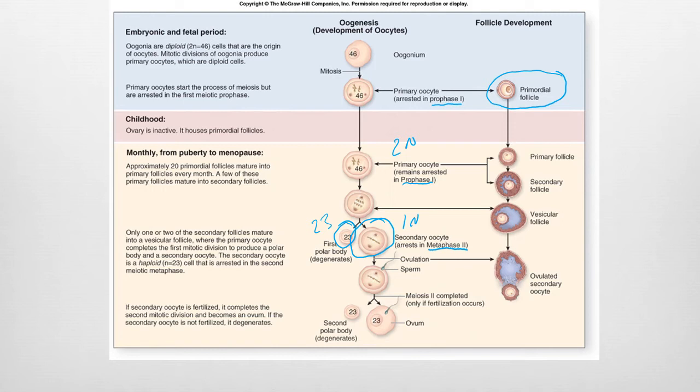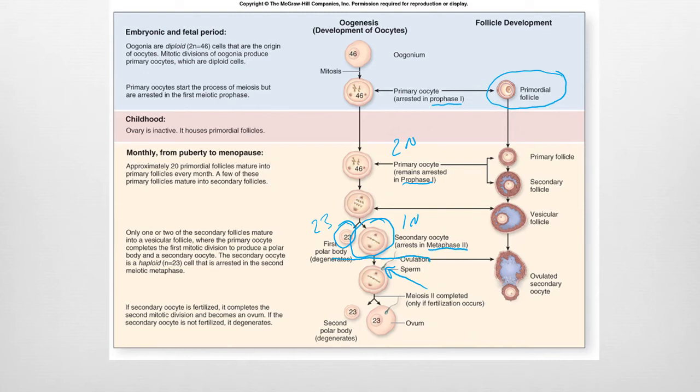From there, though, if our secondary oocyte goes on to become fertilized, then the cell is going to continue on through meiosis, and the chromosomes from the sperm cell are going to line up with the chromosomes from the oocyte, and it's going to complete meiosis 2, and we now have a fertilized cell at that point from there. If fertilization doesn't occur, then essentially the cell becomes stopped at this point here, and nothing happens to it further.